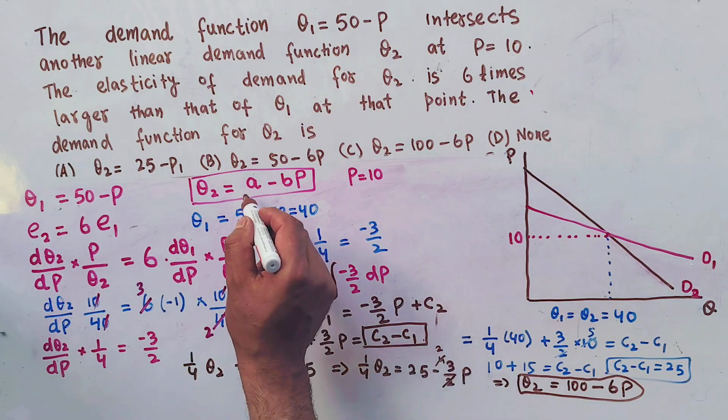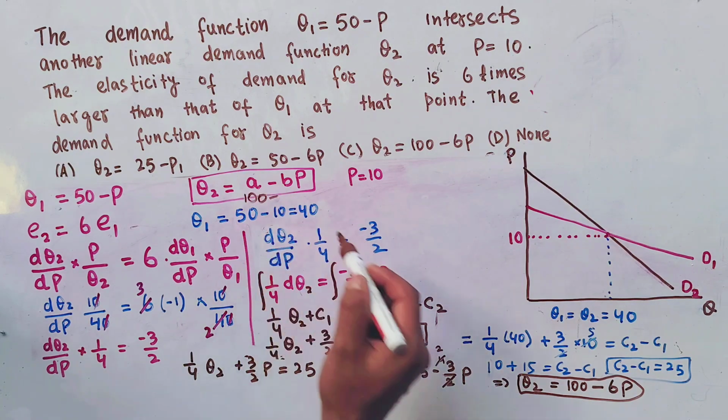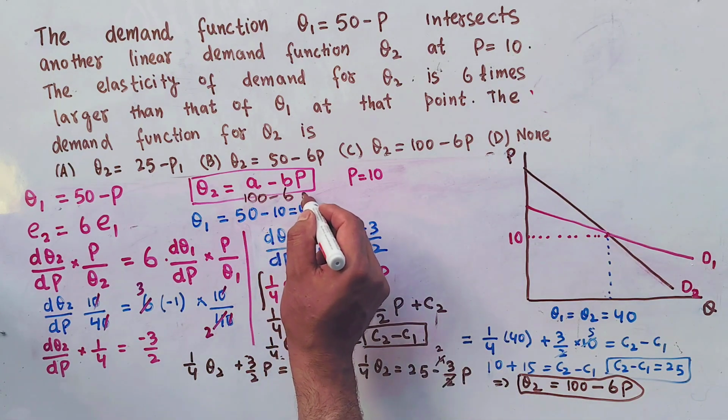In place of A we have 100, and B is 6, times P.